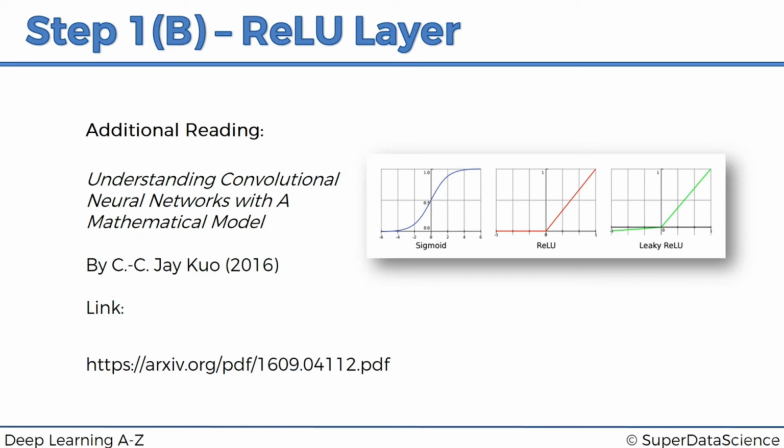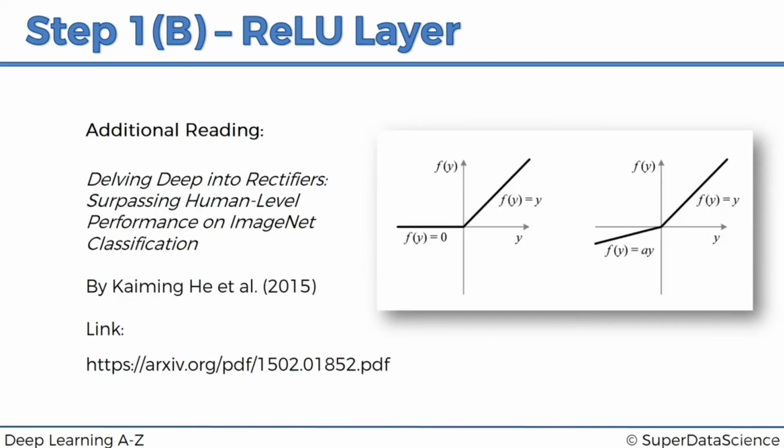And if you really want to dig in and explore some cool stuff here, then there's another paper that you might be interested in. It's called Delving Deep into Rectifiers: Surpassing Human-Level Performance on ImageNet Classification.